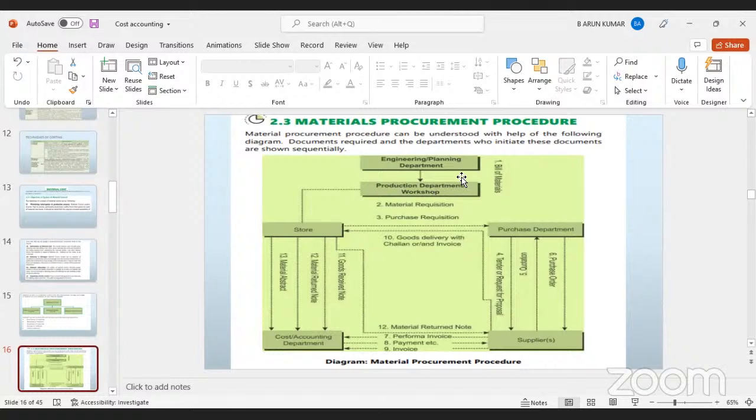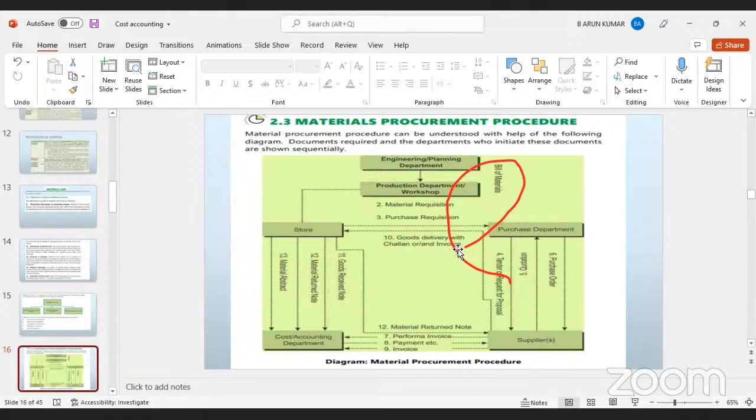In the first stage, the engineering or planning department estimates how much material, and what quality and quantity of material, we require. Then after the planning department estimates, the production department prepares one clear chart: this month, this quantity of material we want. So the first one is the bill of materials. Based on this bill of materials, we purchase the material.